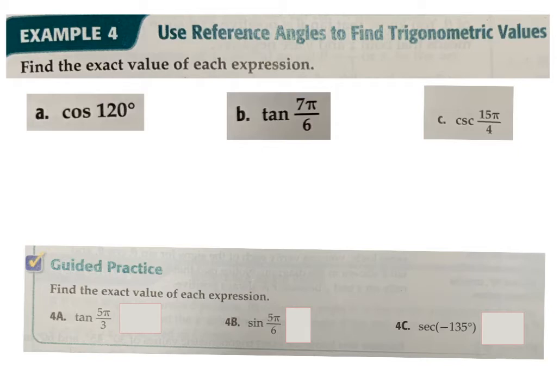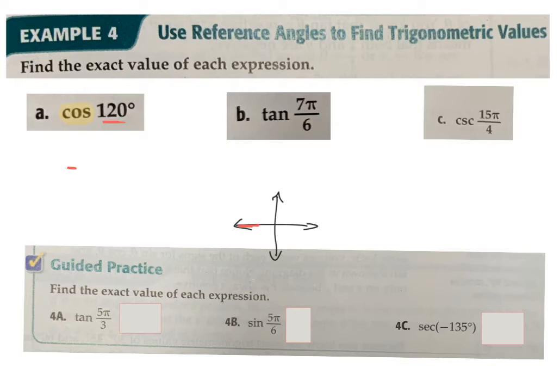So first of all, we need to know it's in the second quadrant. In the second quadrant, is my sign positive or negative? We're talking about the x value. So it's going to fall somewhere in this quadrant, and then with the x value, I know my cosine is going to be negative. I'm going to have a negative cosine. Now I'm going to look at my reference angle. If I am at 120, my closest x-axis is 180.